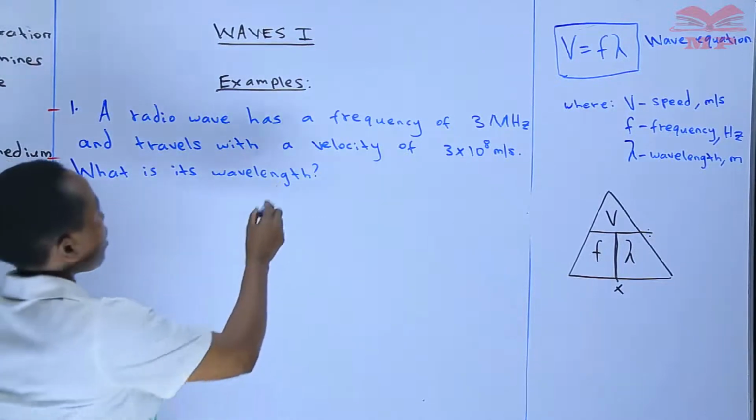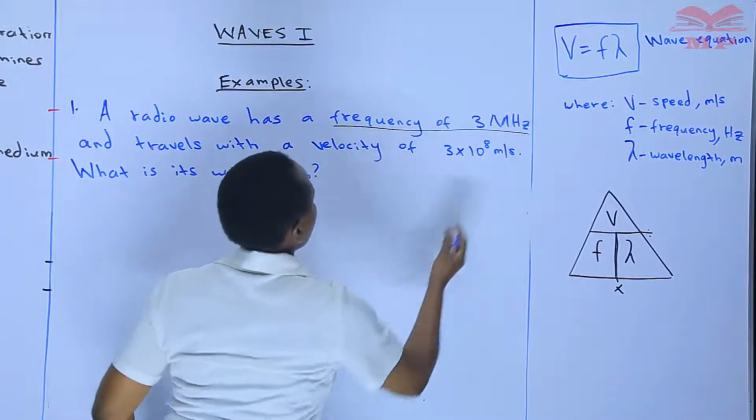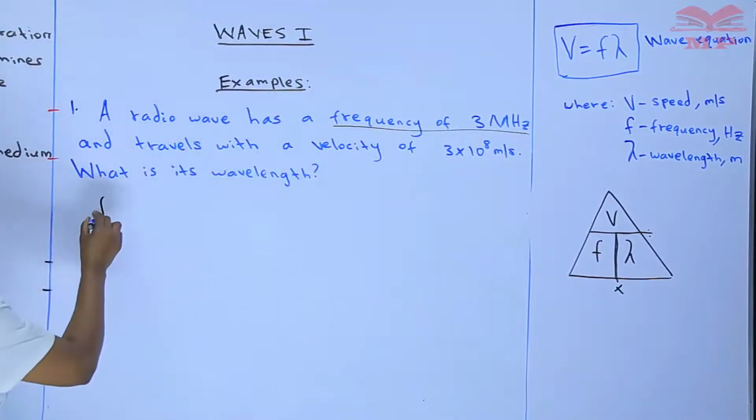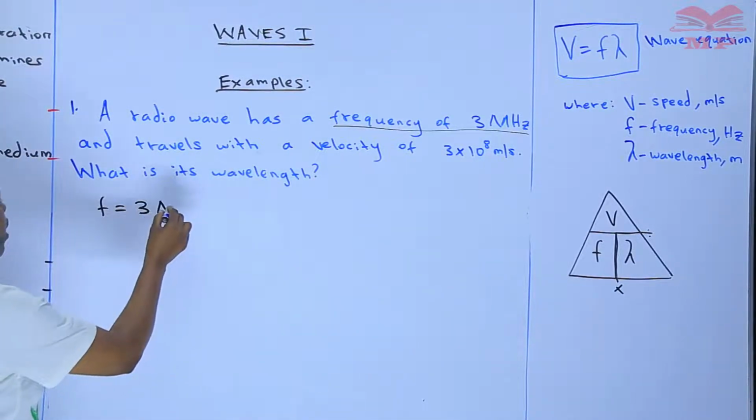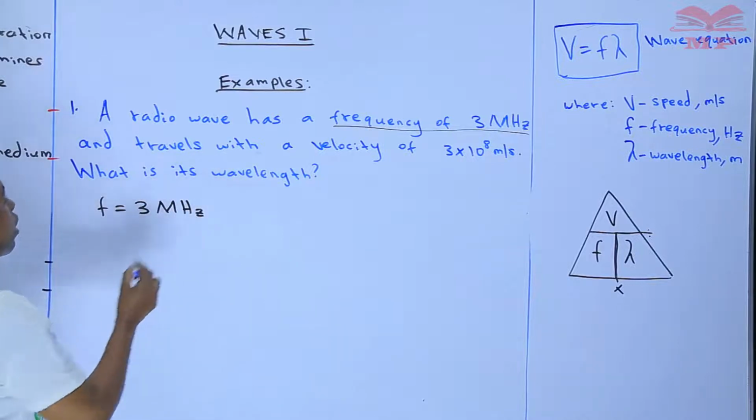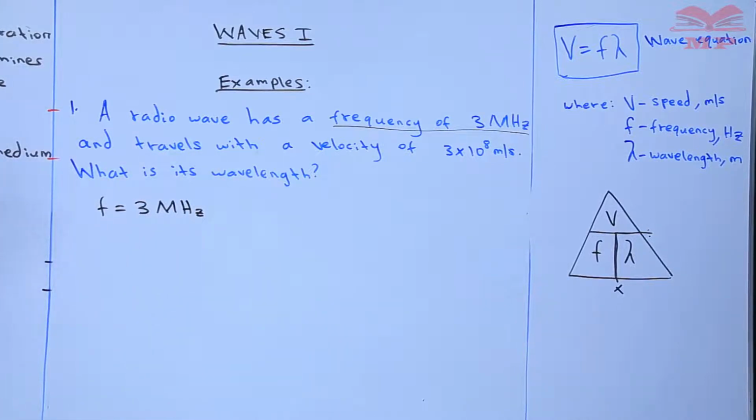The frequency is given as 3 megahertz. We are also told that the velocity of the wave, so the speed of this wave, is 3 times 10 power 8 meters per second.